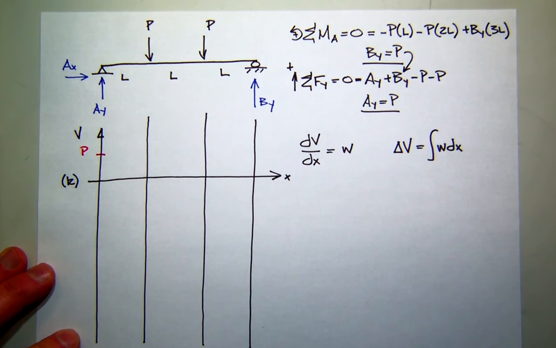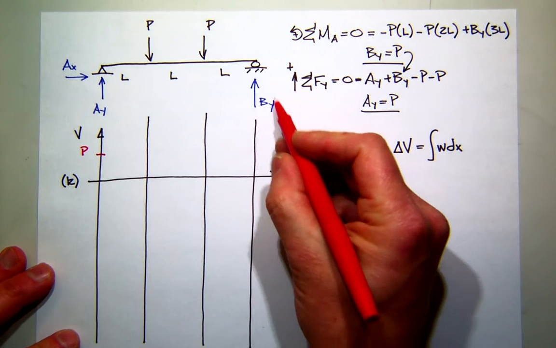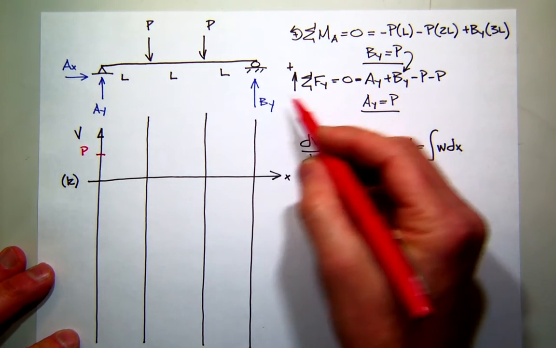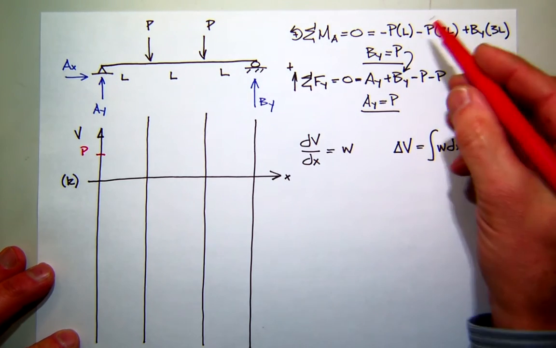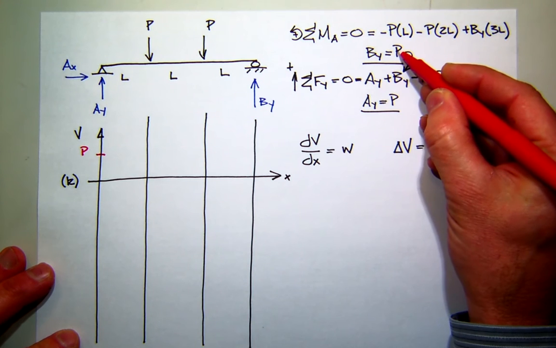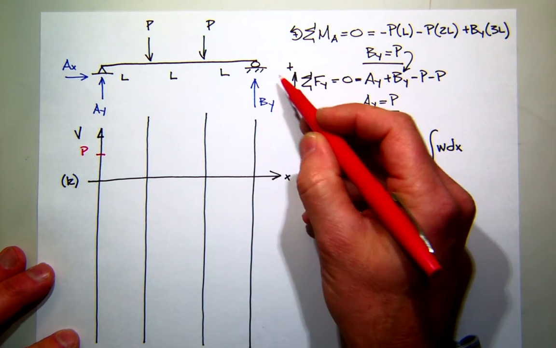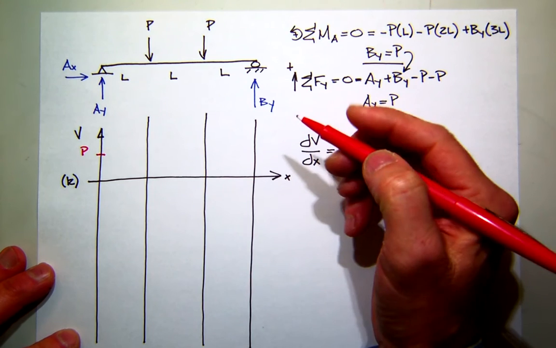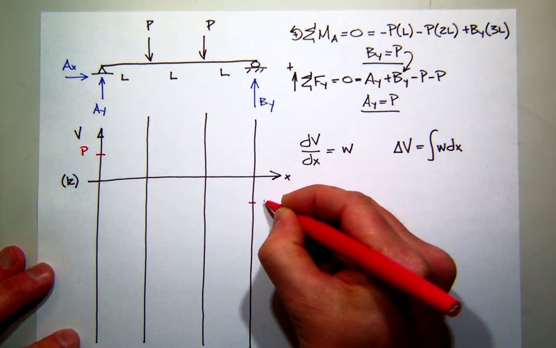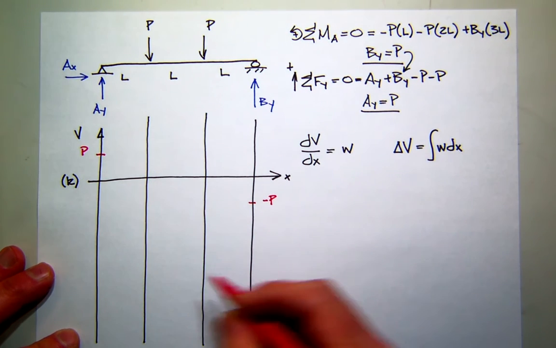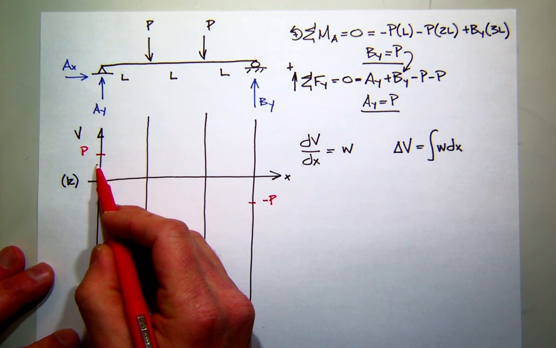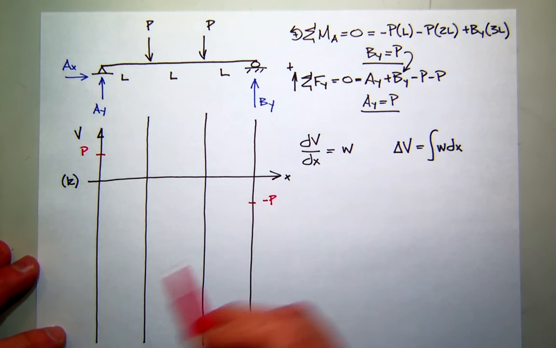Let's go over here and look at BY. I assumed BY was up, and I got a positive result, P, so it is up. Now, what kind of shear force is up on the right-hand side? Negative. So I know I'm going to hit negative P. So I know where I'm starting, and I know where I'm ending. I just need to connect the dots.